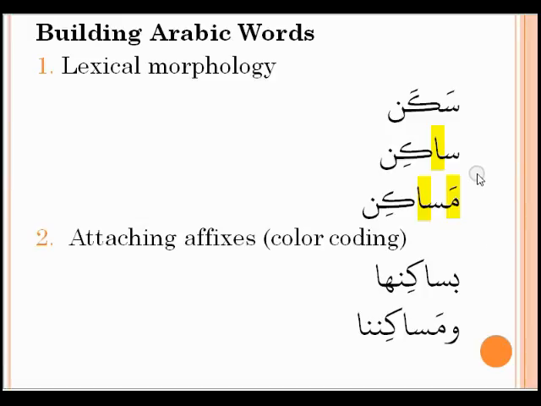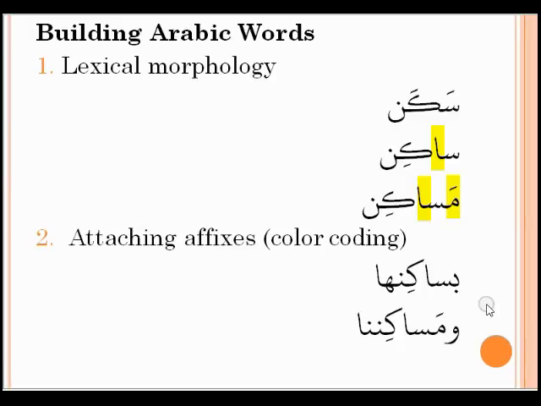So this is one process used to build new Arabic words, and this is what we're going to focus on this week and the following week as well. The second process is totally different, so it's attaching affixes. So these are different words, separate from the root itself and the stem.